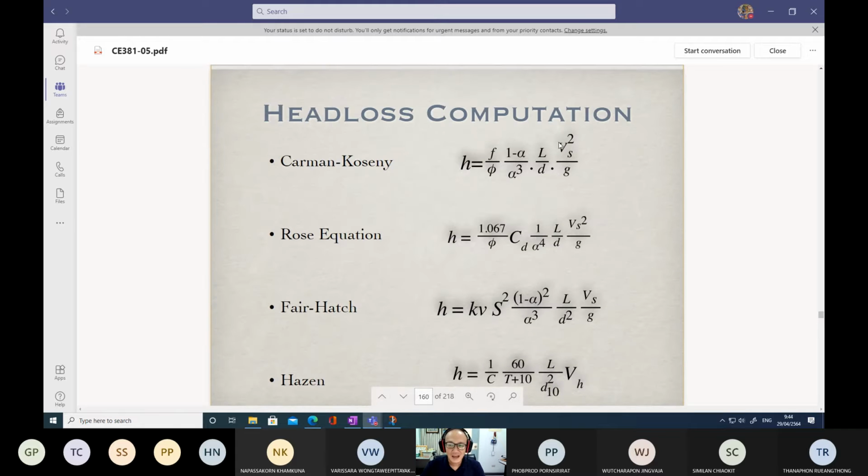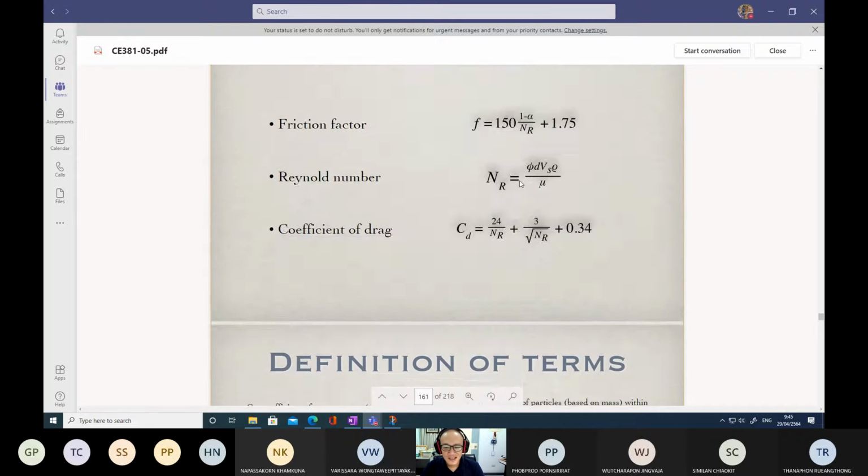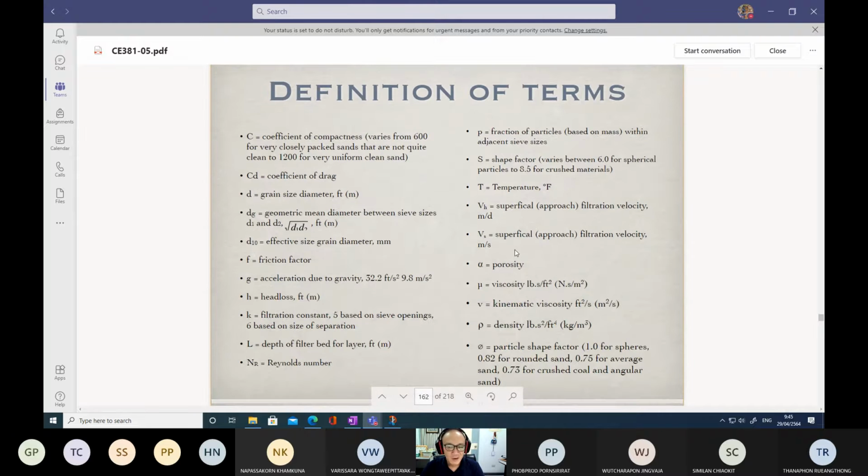But anyway, another factor is the velocity. Vs is not the settling velocity, but Vs is the superficial filtration velocity, defined in meters per second.